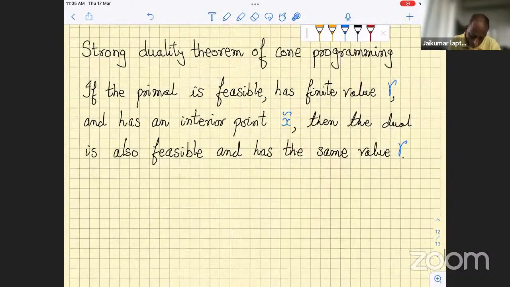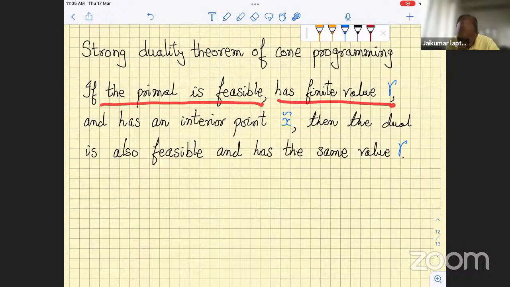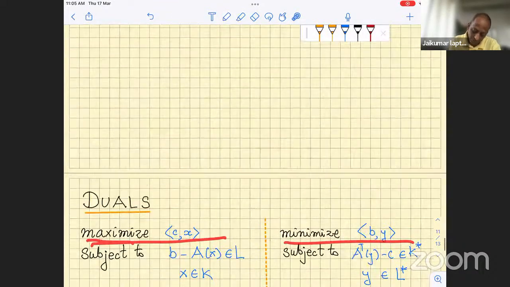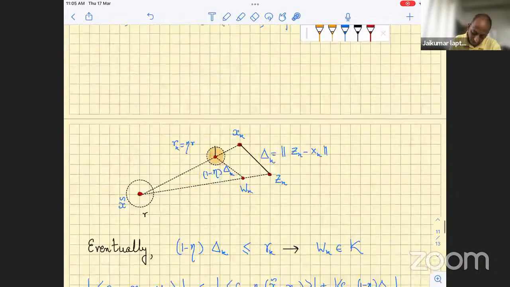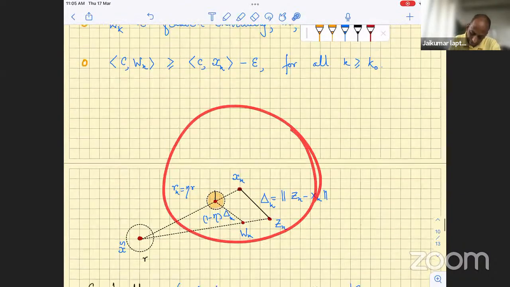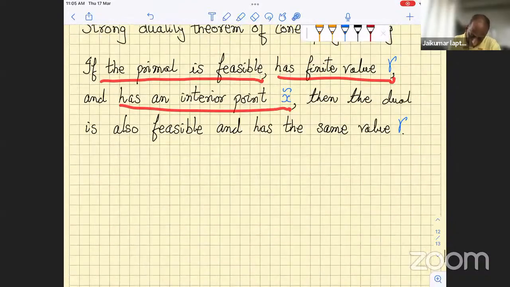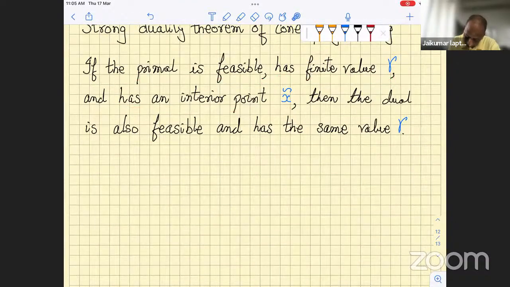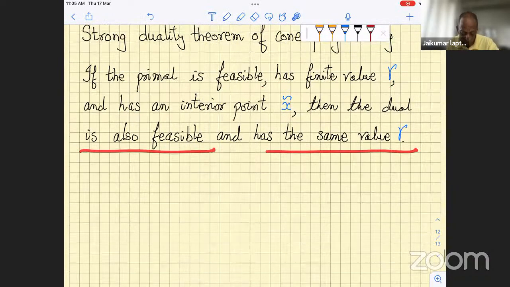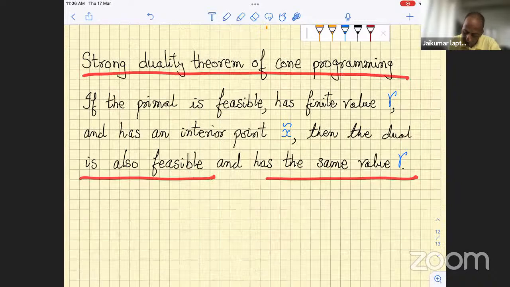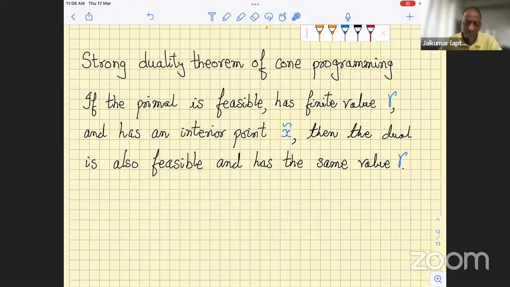And the theorem is this: if the primal is feasible, it has a finite value and has an interior point, and that is why we did all this. All this was done because we wanted to leverage it. So it has an interior point x tilde, then the dual is also feasible and has the same value. This is the strong duality theorem of cone programming, which hopefully you will see next time.